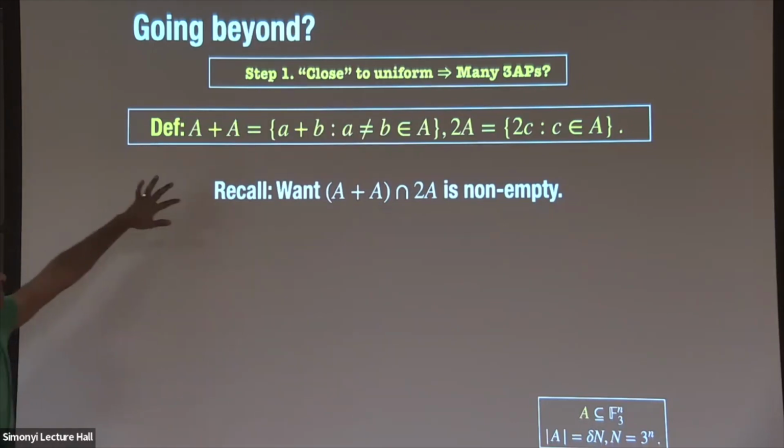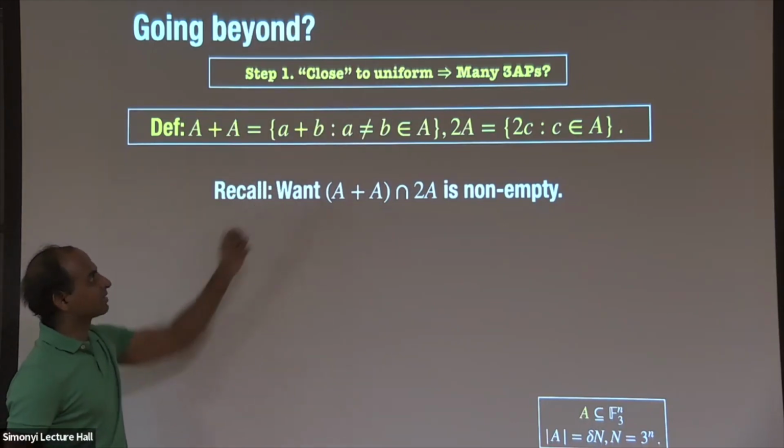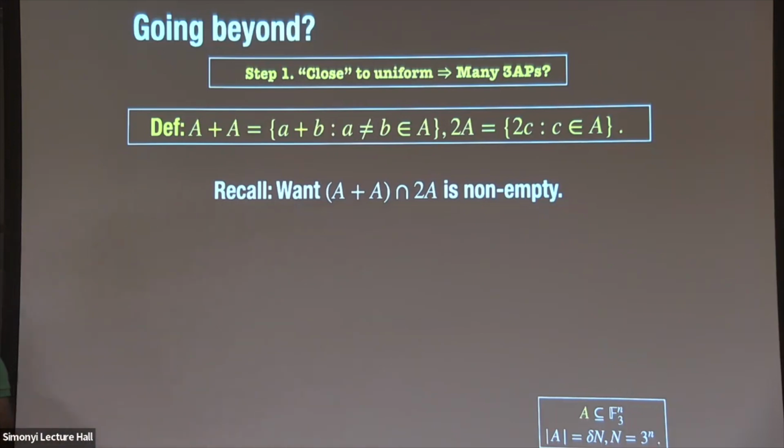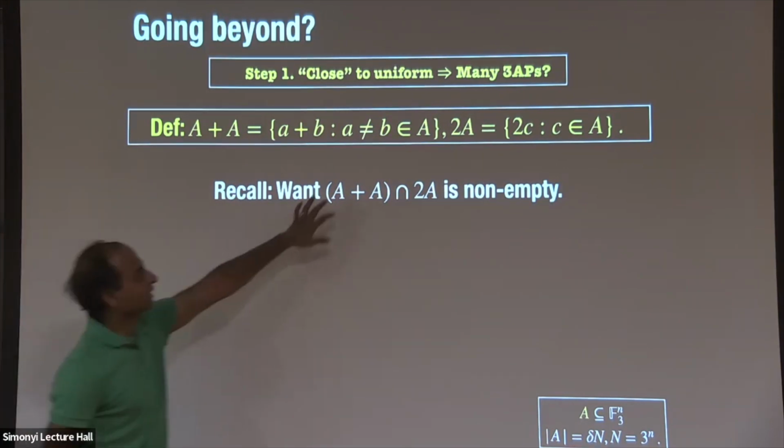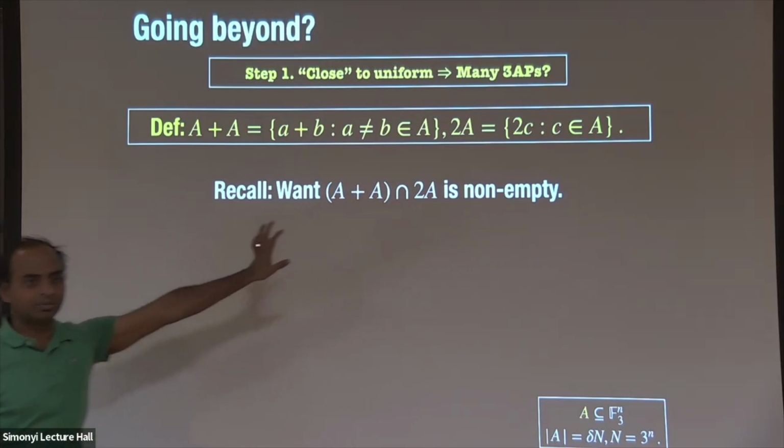So let A plus A denote the set formed by all distinct pairs A, B from a set A, and looking at A plus B. Okay, so just take any 2 elements, add them up as long as they're distinct, that is in A plus A. 2A is just 2 times the elements in A. Okay, so looking for solutions to A plus B equals C where they're distinct is the same as saying I want A plus A intersect 2A to be non-empty.